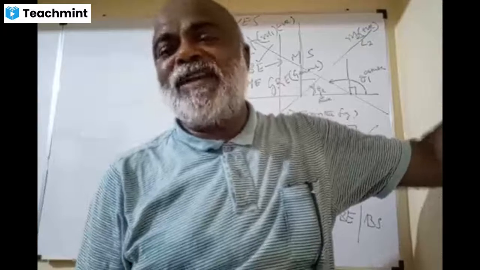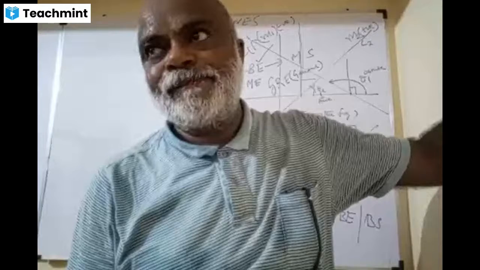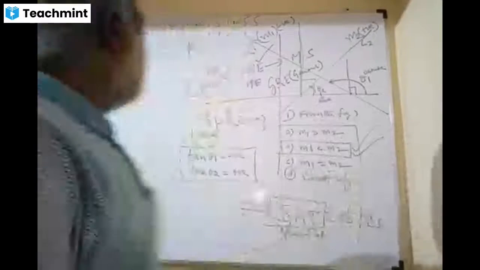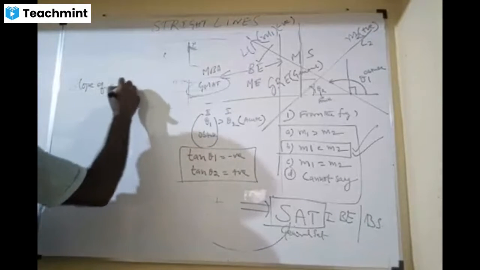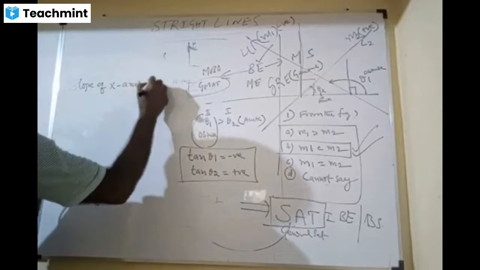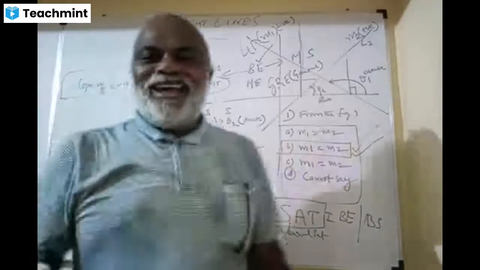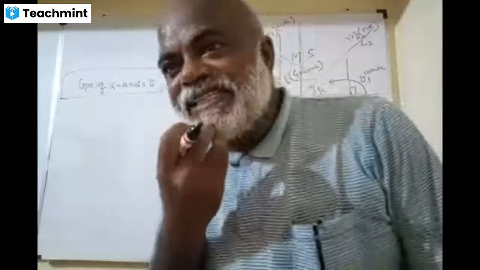Why is the slope of the x-axis 0? Write down: slope of x-axis is 0. Because theta is 0, sir. Yes, theta is 0.